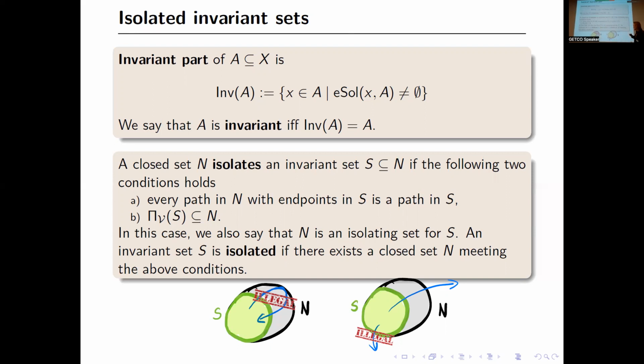The other thing that it does not allow is to escape the invariant set without going through N. But the difference is that an isolated invariant set doesn't have to be inside the interior of this isolating neighborhood.